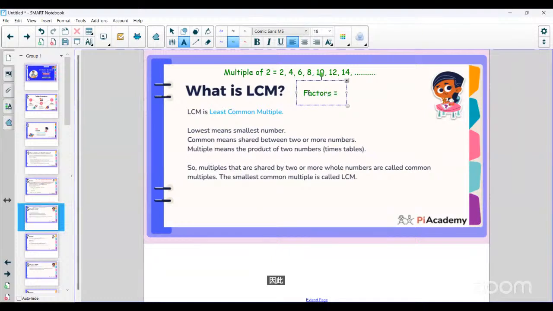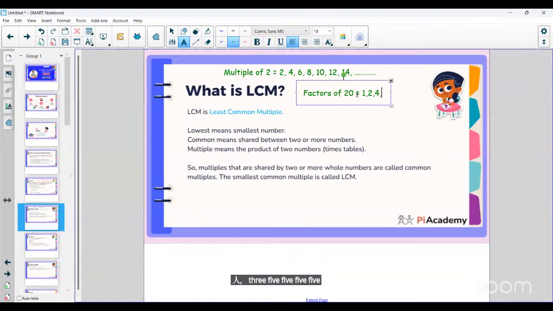Well, suppose I have a number, let's say 20. Can anyone give me all the factors of 20? Yes, Advaita. Can you tell me what are all the factors of 20? So it's 1, 2, 4, and 10. Sorry, 5 as well.